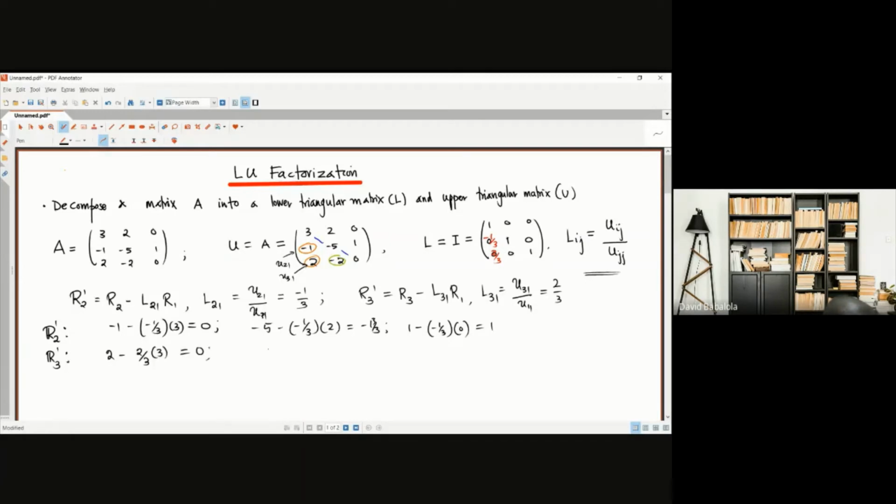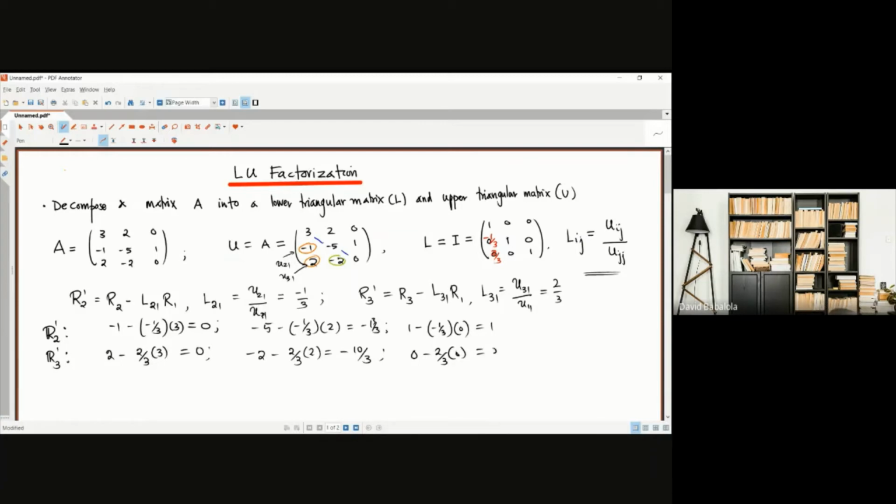The second entry is minus 2, minus the multiplier, 2 over 3, times 2. That will give us minus 10 over 3. The third entry will be 0, minus the multiplier, 2 over 3, times the corresponding entry, that will be 0.